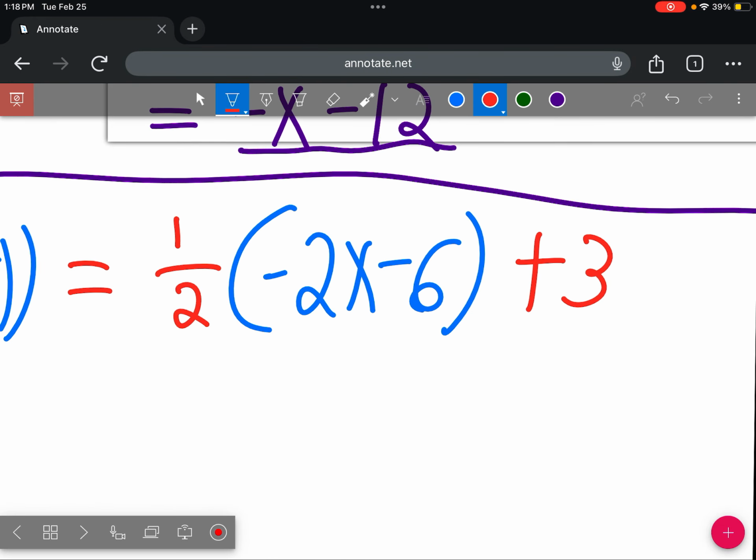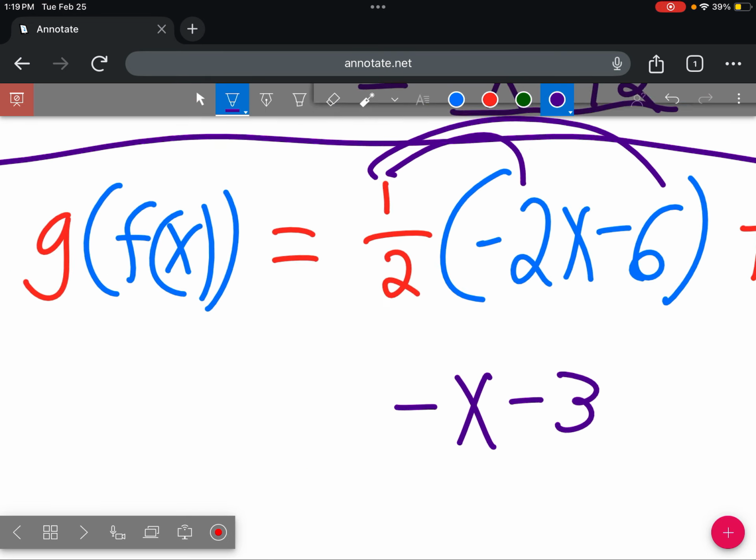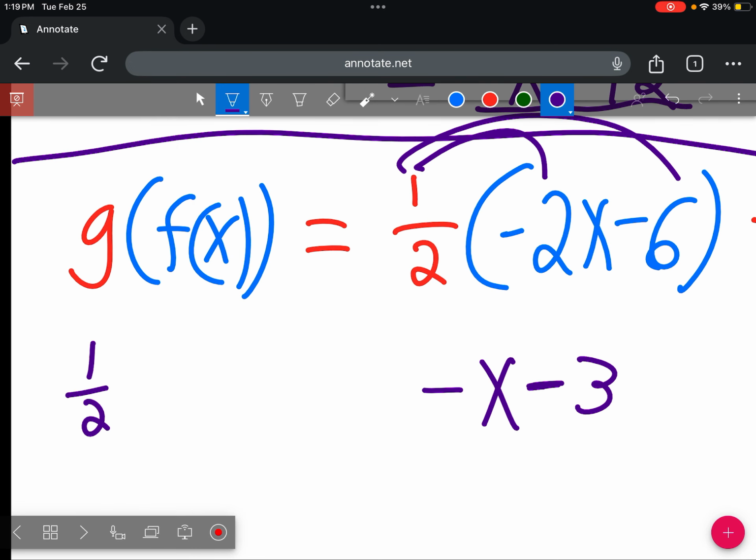All right, we distribute. 1/2 times negative 2x is negative x. What does 1/2 of negative 6 give you? Negative 3. You could remember that this negative sign comes down, where positive times a negative is a negative, and 1/2 times 6 over 1 is the same as 6 divided by 2, which is 3.